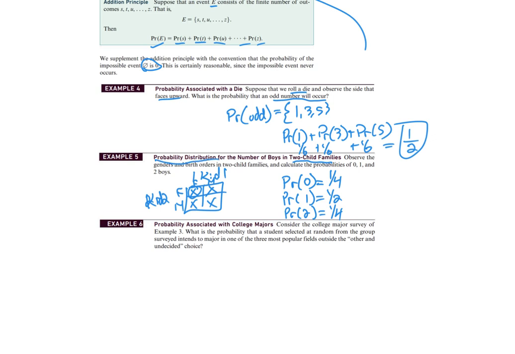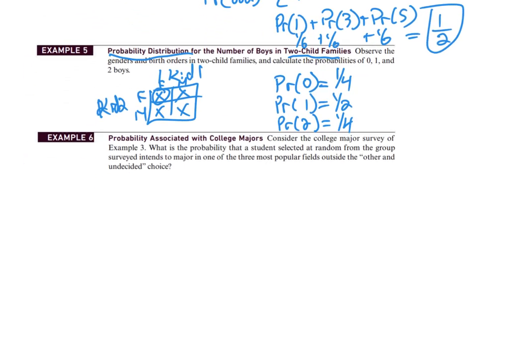Let's look at example 6, probability associated with college majors. We're going back to example 3. What is the probability that a student selected at random from the group surveyed intends to major in one of the 3 most popular fields, outside of the other and undecided choice? The 3 most popular fields are biological science, business, and engineering.